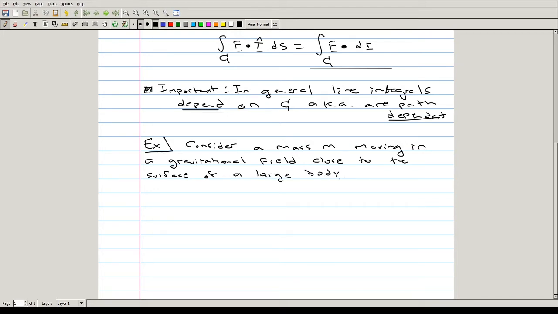For instance, you can think of projectile motion on the surface of the Earth.